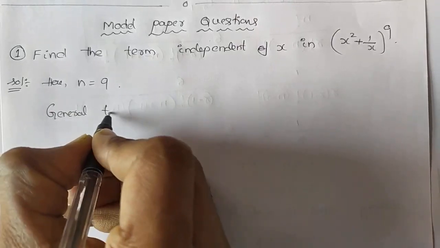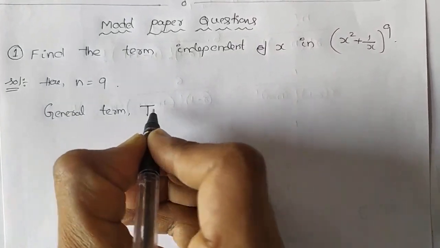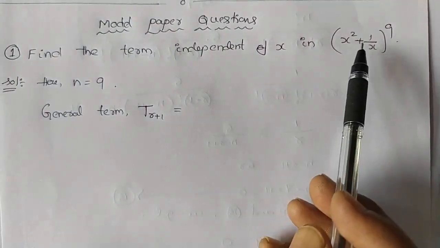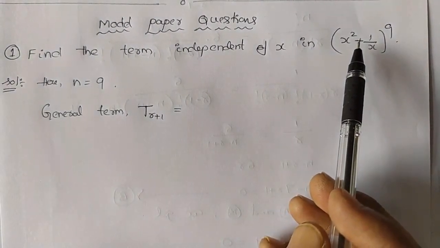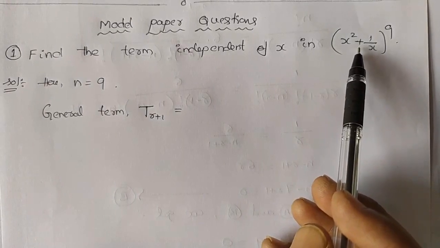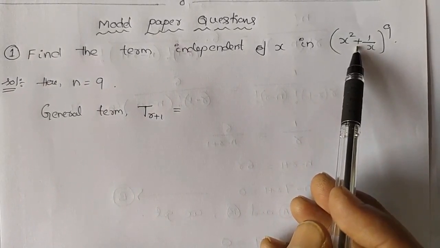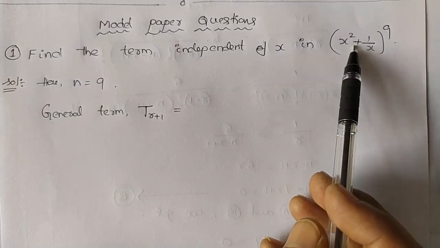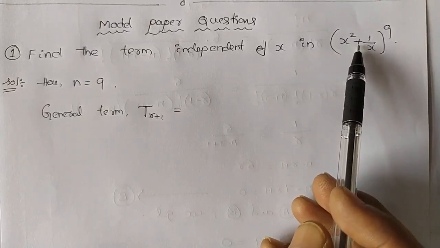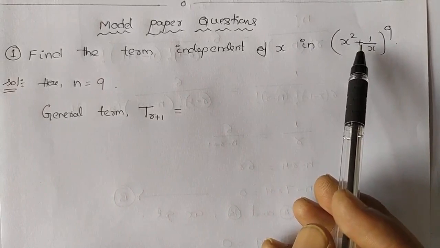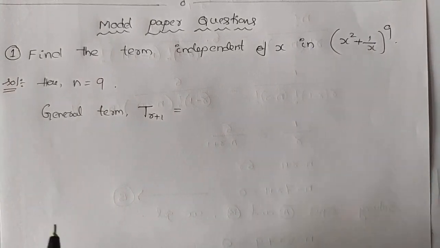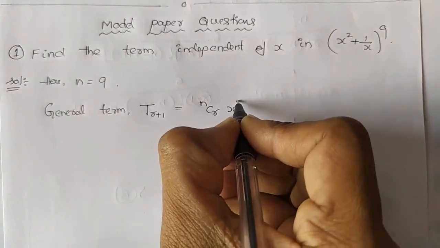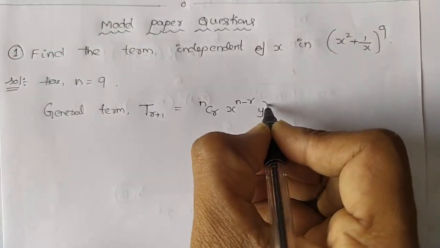In the expansion we have plus, therefore minus 1 whole power r will not be there. Then the general term will be nCr x power n minus r into y power r.